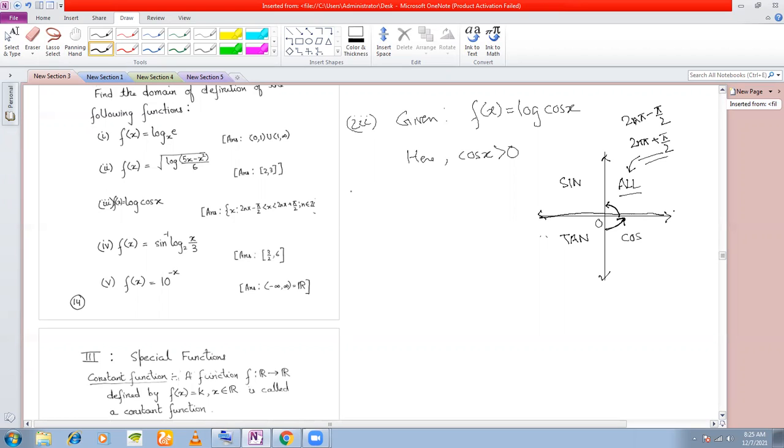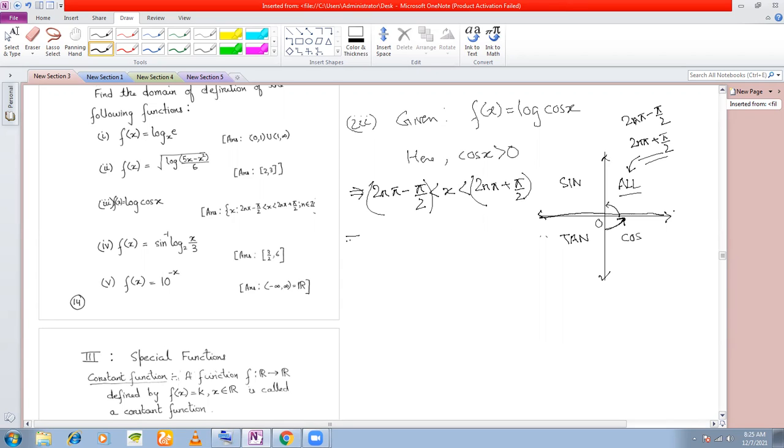That means here x lies between 2n pi minus pi by 2 and 2n pi plus pi by 2. Okay.